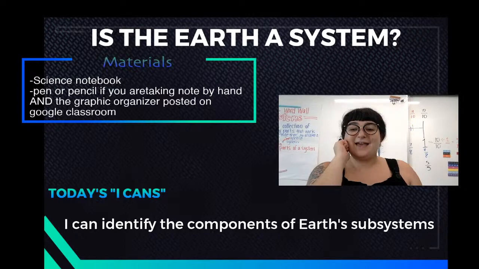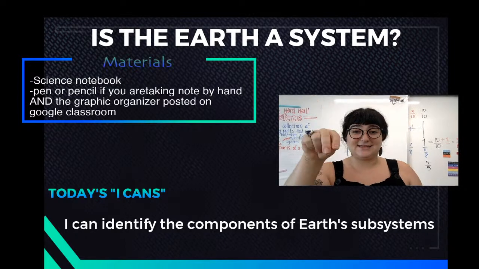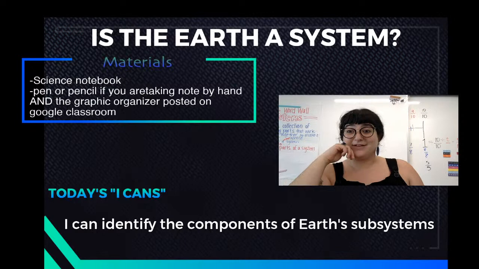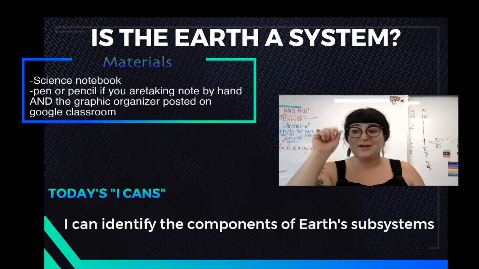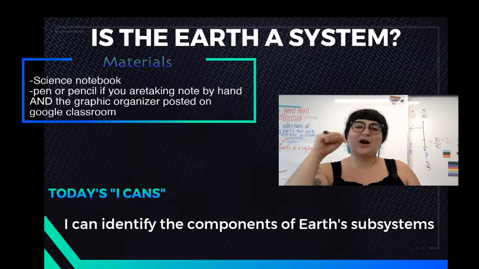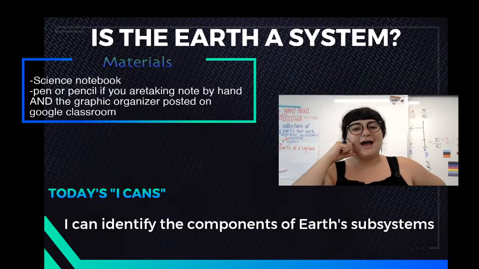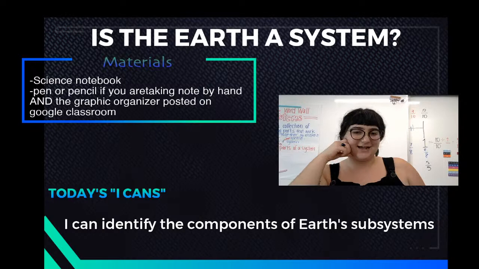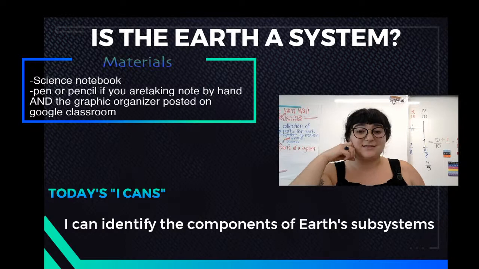And if you are saying Earth is not a system, I am going to respectfully disagree with you, and we are going to tune in and see why. So look at our I can for the day. Read it aloud with me. I can identify the components of Earth's subsystems.